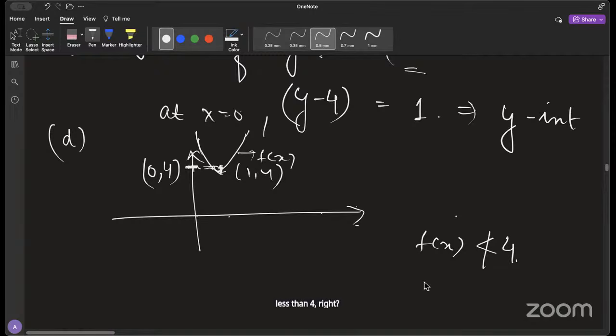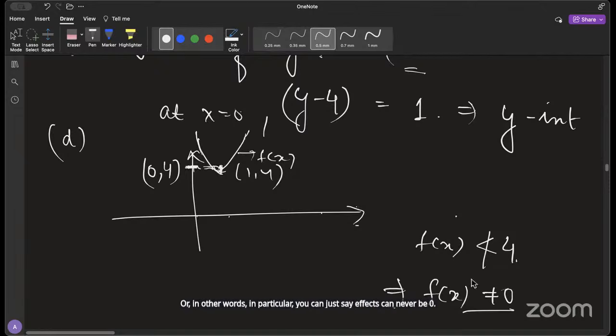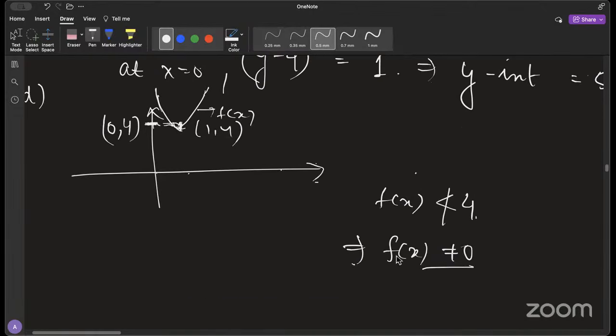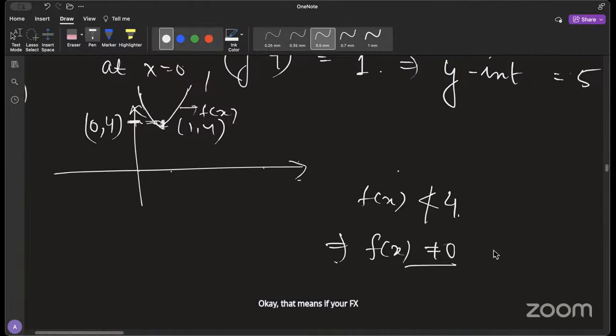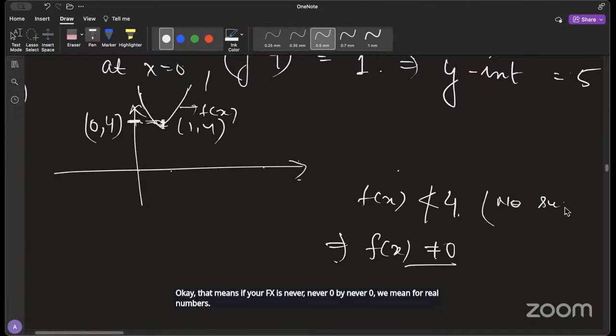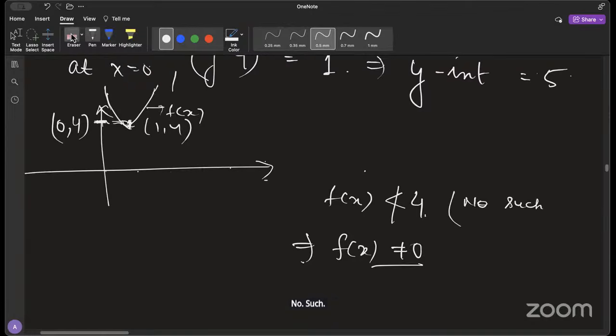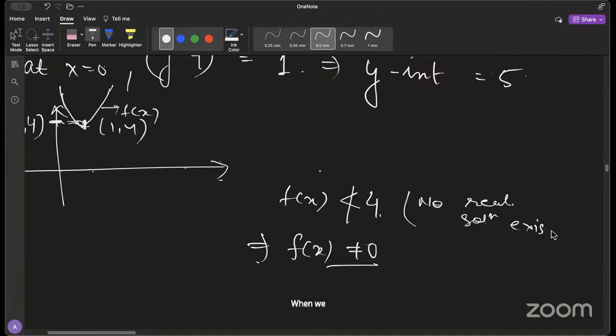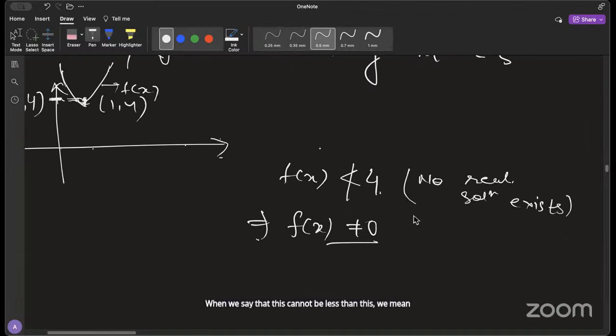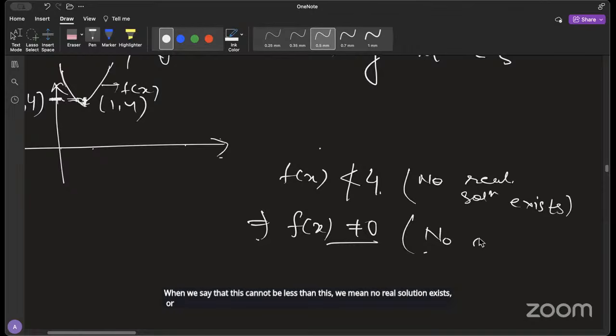In particular, f(x) can never be 0, by which we mean for real numbers. No real solution exists.